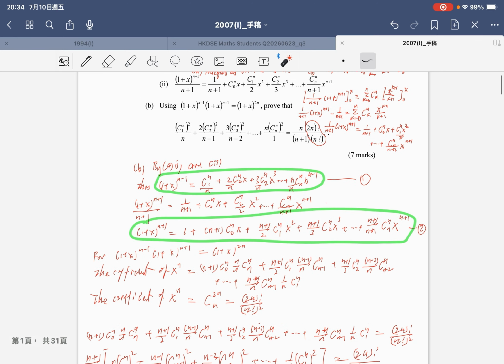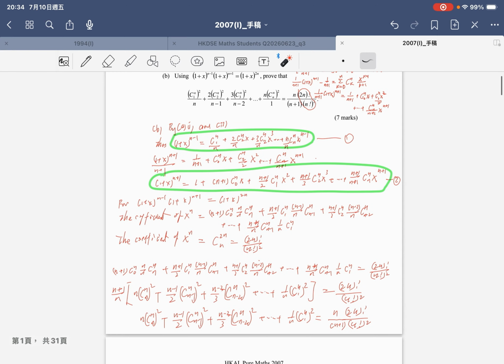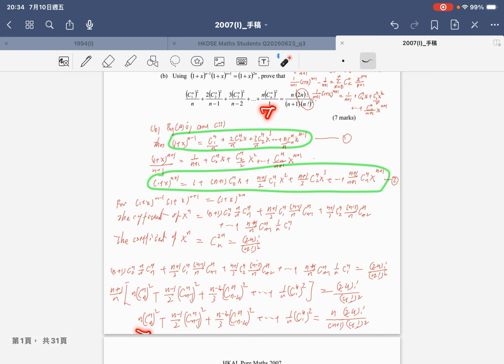The only difference is that the order is reversed, because this term corresponds to this one. Oh, sorry. I missed all the terms. Second, this term should correspond to the pth term of this one. This term corresponds to the pth term of this one.